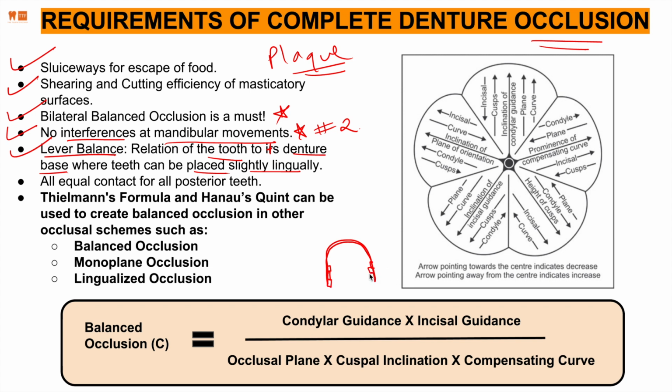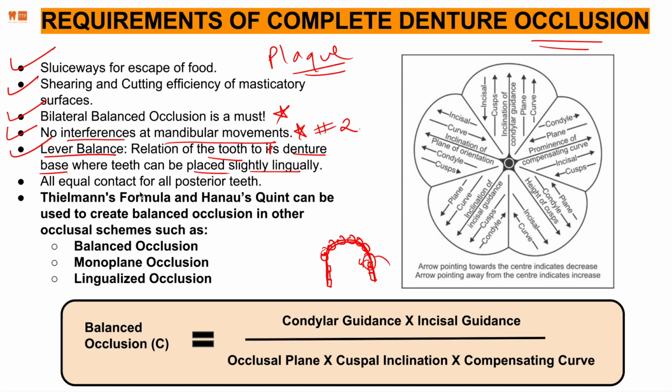The reason being is because you want to let the food bolus not drive outwards, not stay on the ridge because it hurts the alveolar ridge, but actually a little lingual so that it allows itself to chew better. But that's for posteriors because all the other teeth can be put directly on the alveolar ridge itself, the denture base itself. So that's lever balance.